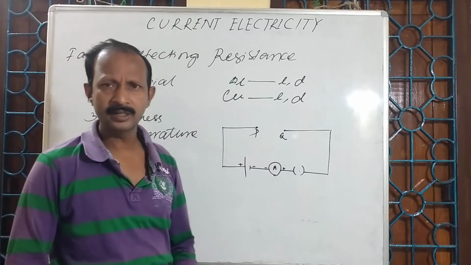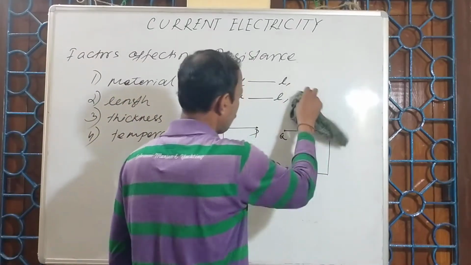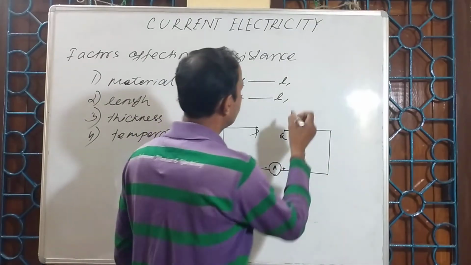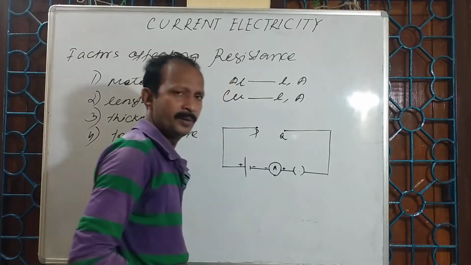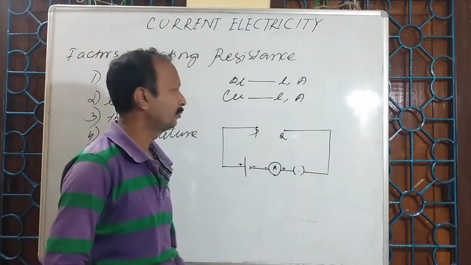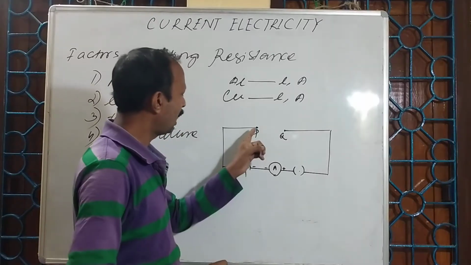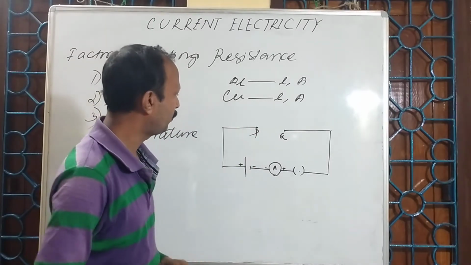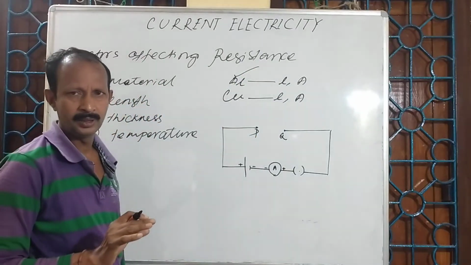In place of diameter, if you want, you can take area of cross section, it does not matter. For example, I am taking area of cross section A, here also A. I have taken two different materials. Now you connect between the points P and Q. The first one is aluminium.